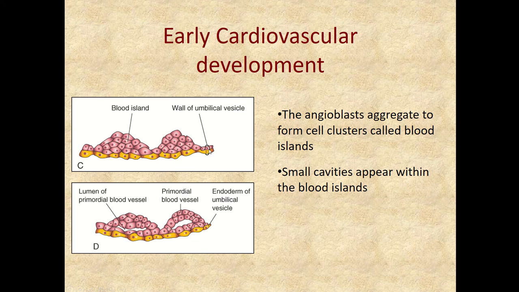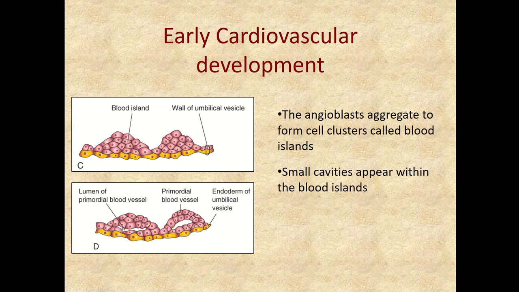The angioblasts come in close approximation with each other, and they talk to each other, and they change shape, and they change function, and they develop further into an actual formed structure that will begin to have a cavity on the inside.